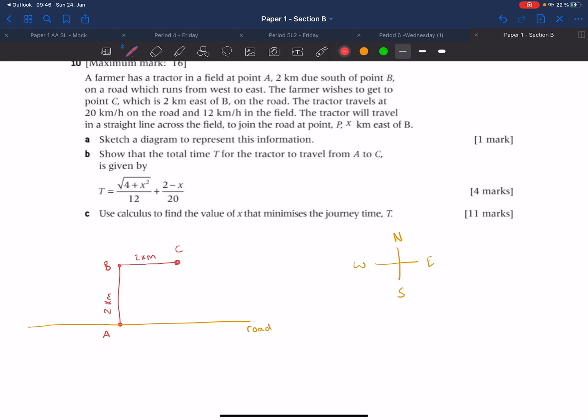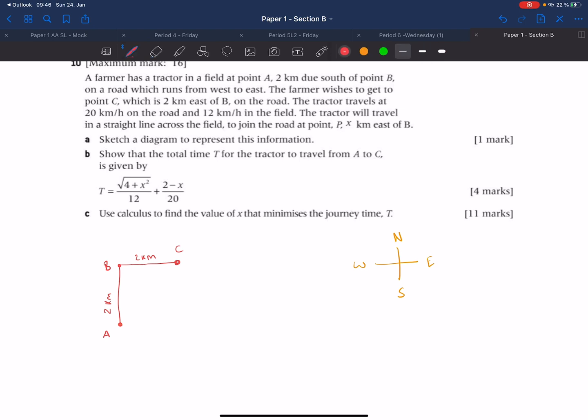I thought the road was going through point A. Let me reread this. A farmer has a tractor in a field at point A. Oh, okay, I get it. Point A is in a field, 2 kilometers south of point B on a road. I'm going to be honest, there are a lot of commas there, and that is not very clear. But later on, I get it. The road is going through point B instead. Let me erase that. Thank God for iPads.